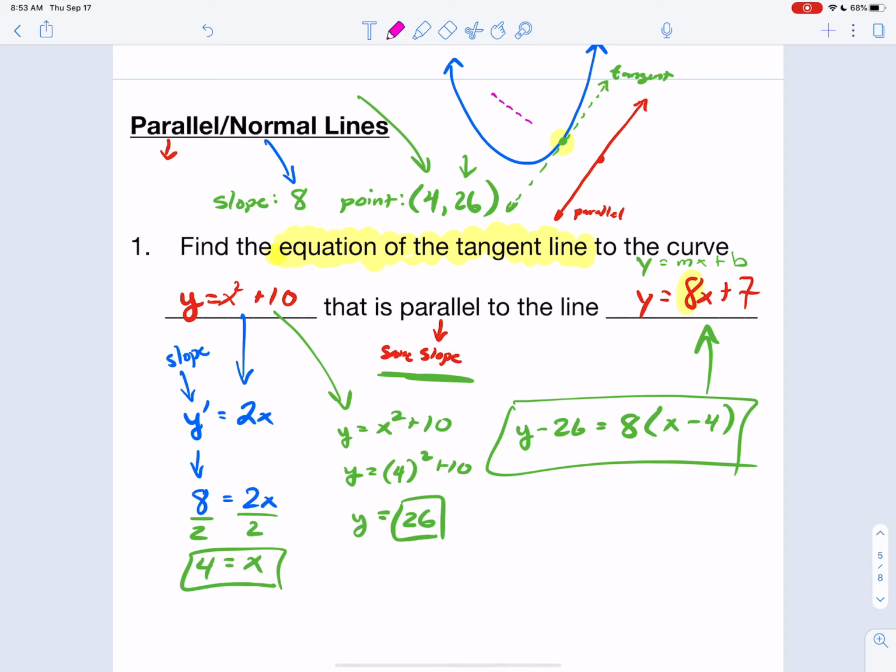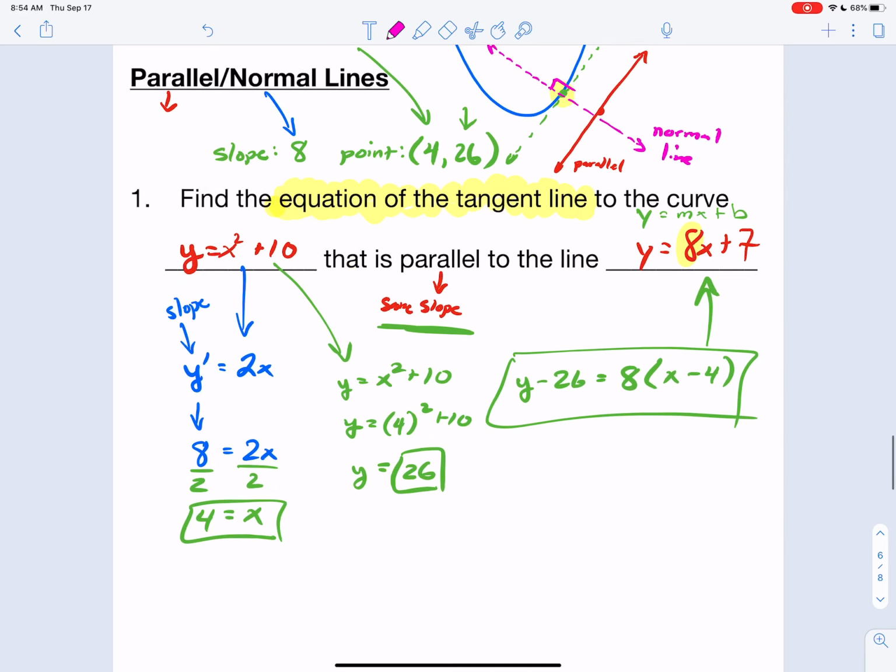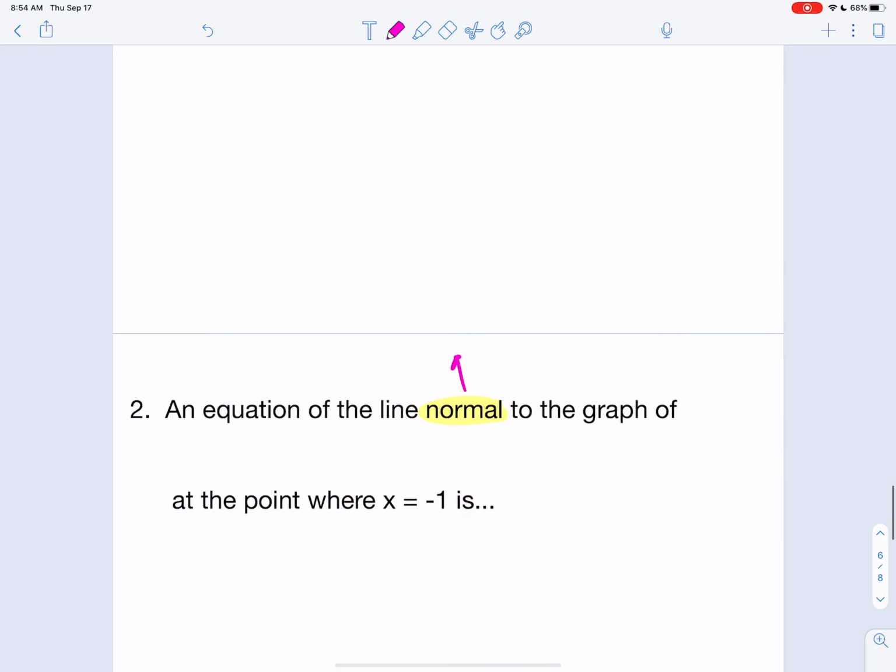So it's perpendicular, so we call that the normal line. Normal and perpendicular are not exactly the same, they're similar. Normal is specifically where the line is perpendicular to the tangent line. So just a minor detail, that's all. So we can say that a normal line is perpendicular to the tangent.